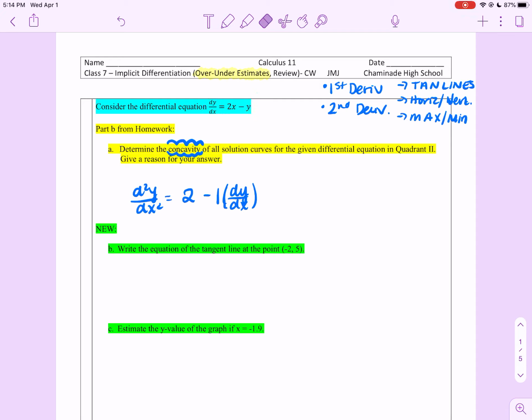Since we do have an expression here that dy/dx is 2x minus y, we can actually make a substitution here for 2 minus 1 times (2x minus y). That means that our second derivative here is going to be equal to 2 minus 2x plus y after we distribute the negative 1.